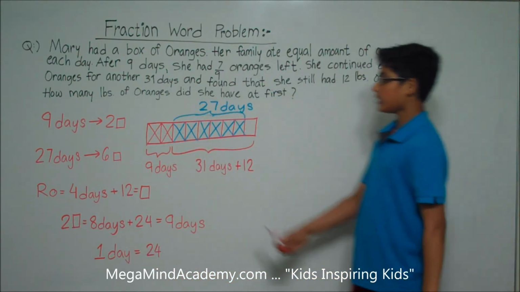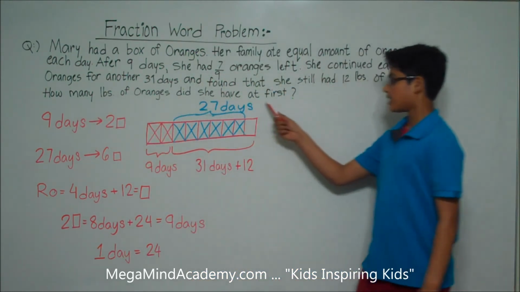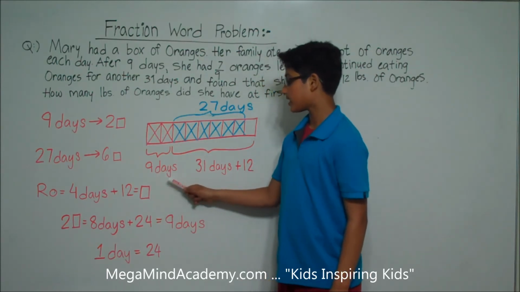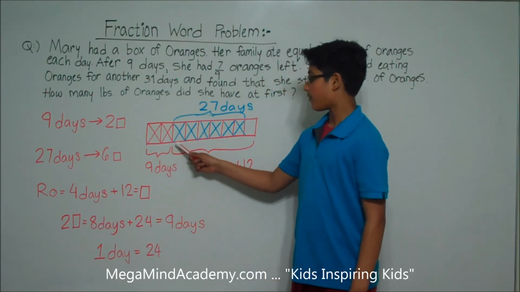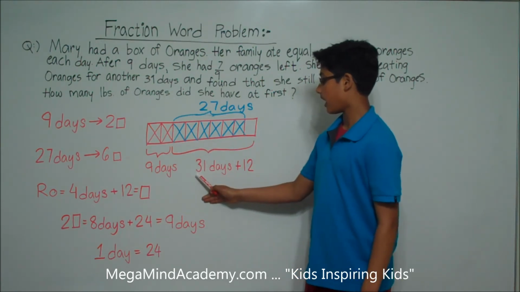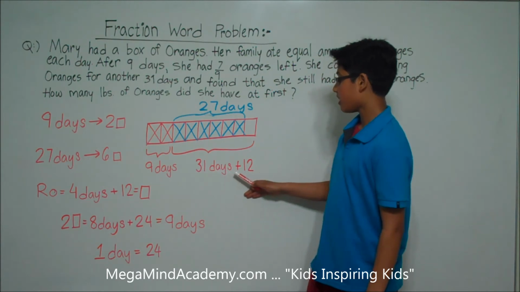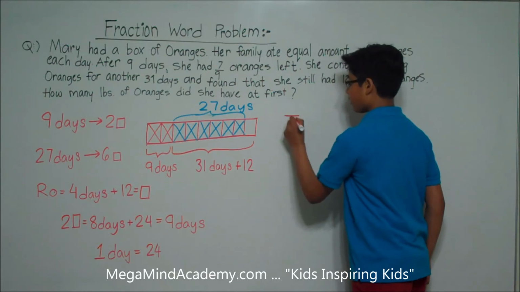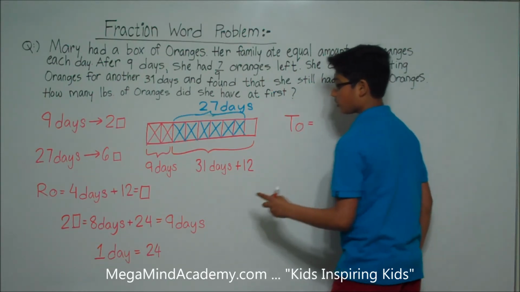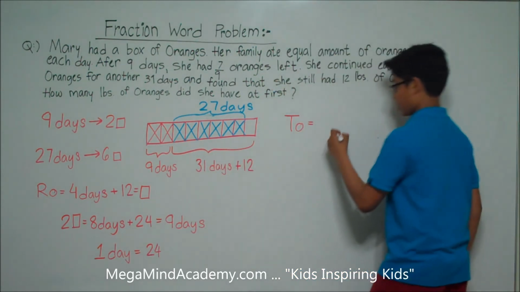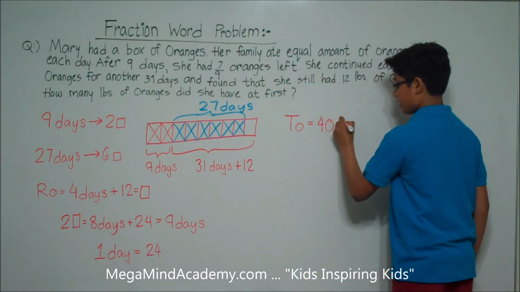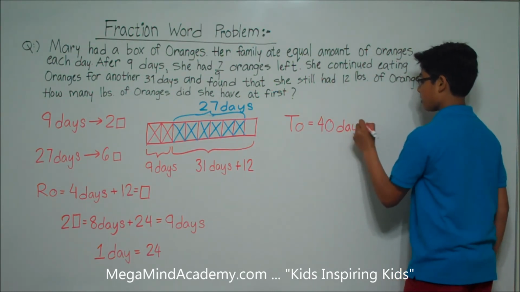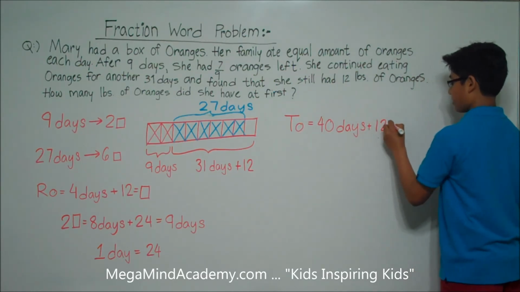Now, we need to find out how many pounds of oranges she had at first. And we know that for the first 9 days, she consumed these 2 units, and for the remaining time, she had a total of oranges for 31 days plus 12 pounds. So this means that the total oranges are equal to 9 plus 31, which is equal to 40 days, the amount of oranges eaten in 40 days, plus the remaining 12 pounds.